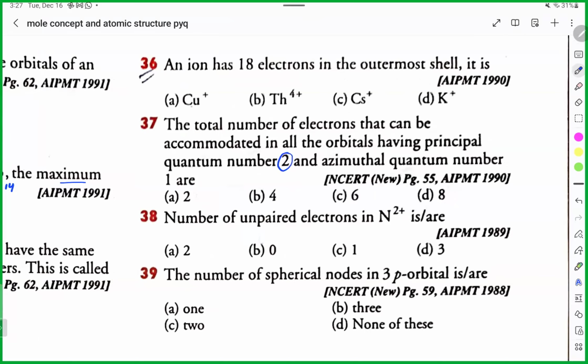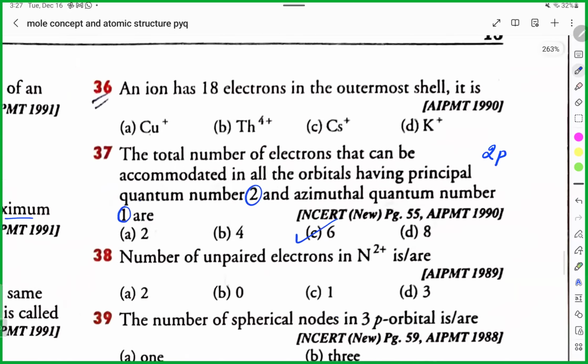So is this option B? Principal quantum number 2 and azimuthal quantum number 1 means 2p. Okay, it will be option C then, 6. Exactly.